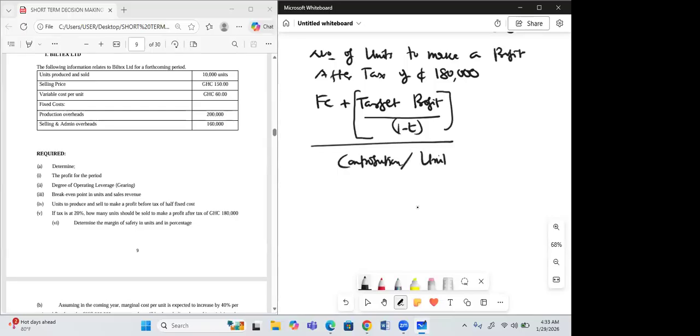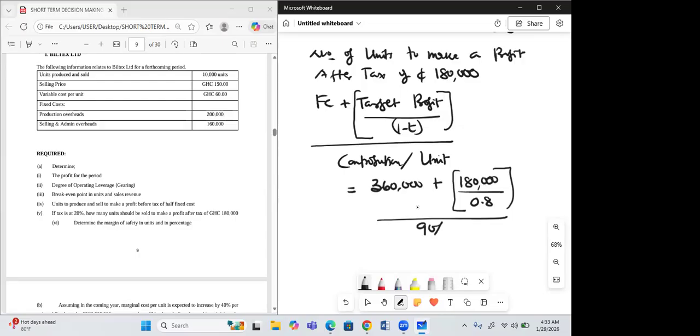So what is our fixed cost? 360,000 plus 180,000 divided by 0.8, all over the 90 per unit.